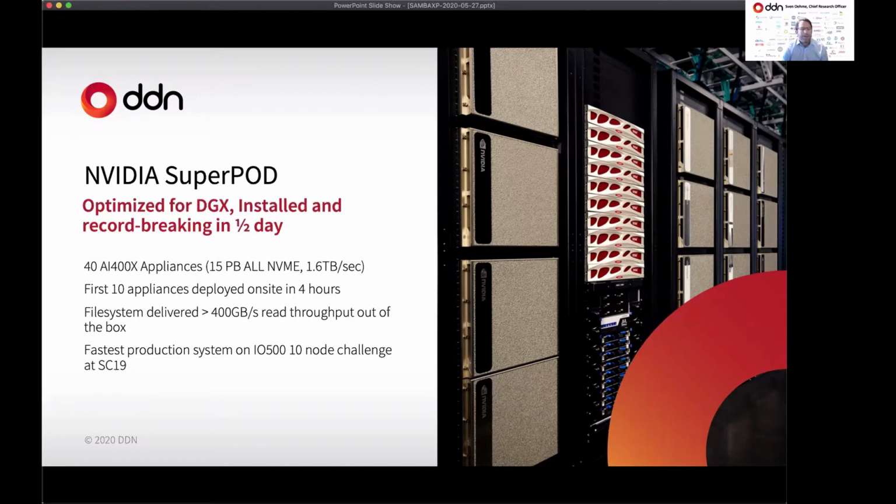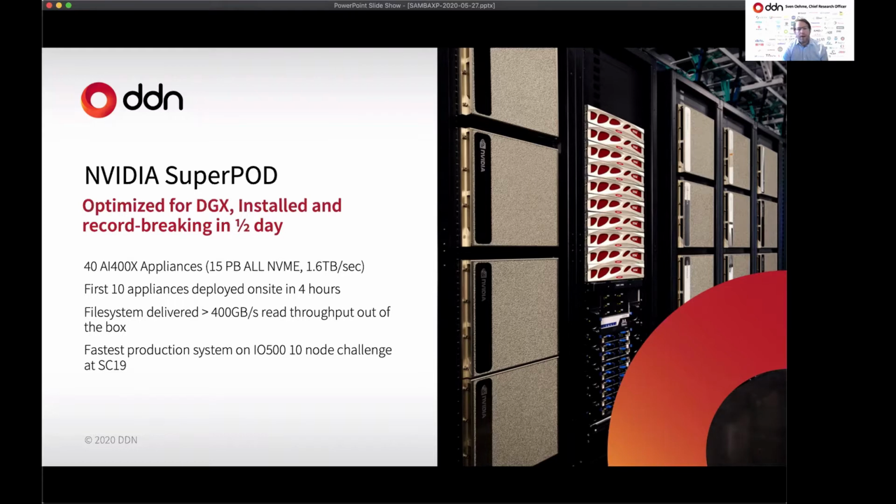We need a system that can deliver over 1 terabyte per second throughput. And we need somewhere around 10, 15 petabytes of capacity. And we need a solution that we can bring up very, very quickly because there's only a few weeks left until Supercomputing 19. We would like to show a super stellar benchmark and show the world what you can do with a very, very powerful GPU based system.